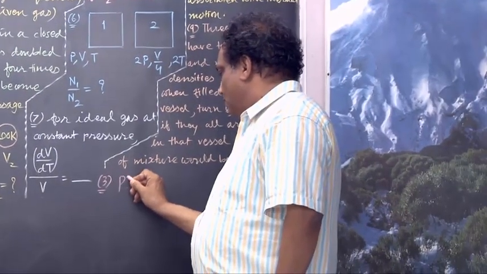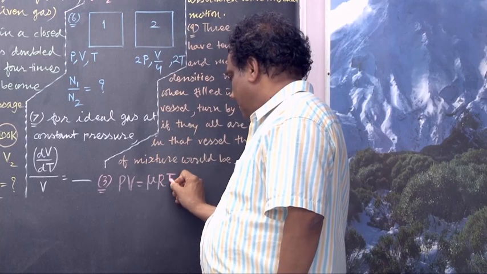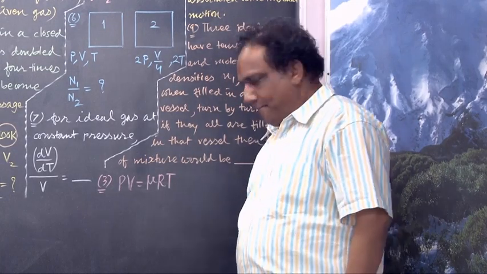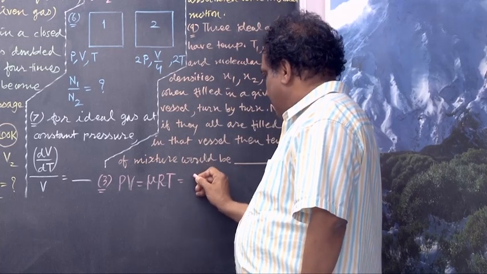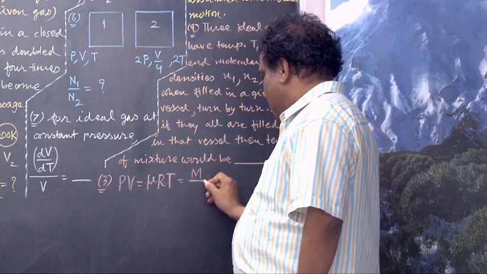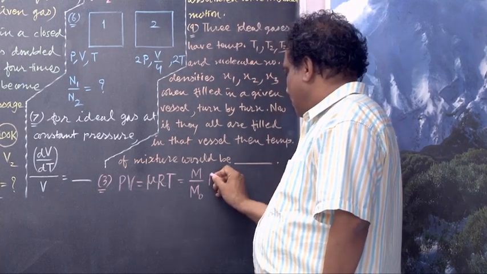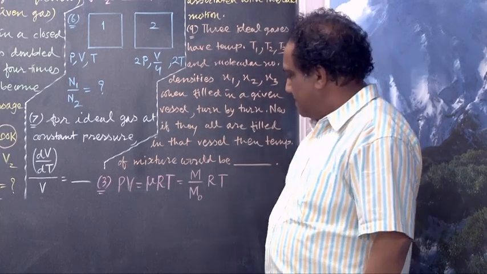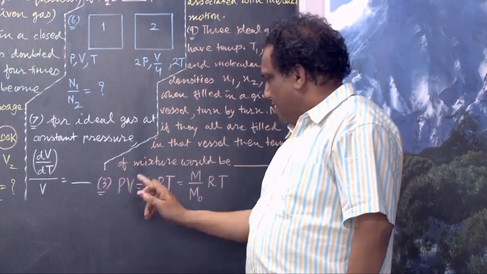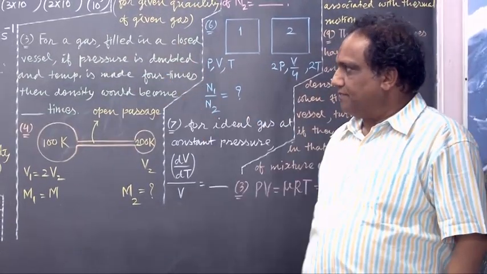PV equals to mu RT. Correct? Instead of mu, can I write M upon M0, into RT? Now here, read it again. The vessel is closed.